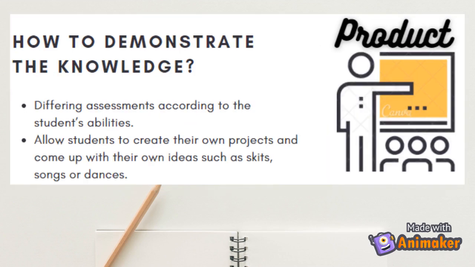In terms of product, or how to demonstrate the knowledge, teachers can make differing assessments according to the students' abilities. And teachers can also allow students to create their own projects and come up with their own ideas, such as skits, songs, or dances, based on their own interests.